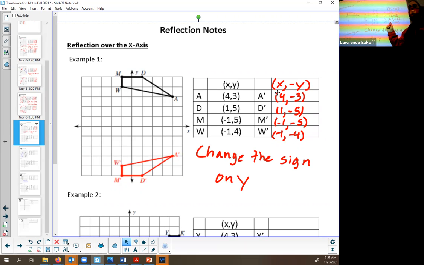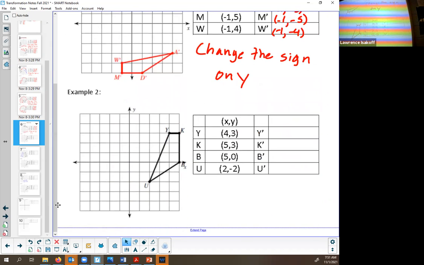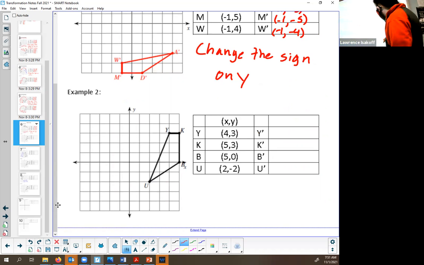So if we're going to flip over the y-axis, what do you think we're going to change? The x value, yes. So let's take a look at this example here. So here we're trying to flip this over the x-axis. This one's going to look fairly interesting because it already crosses over the x-axis. It's going to be on top of itself some.